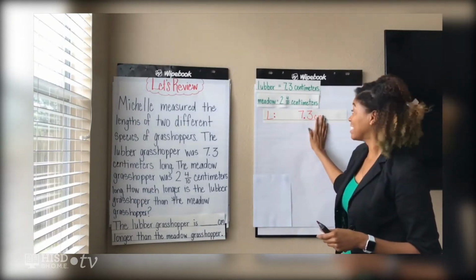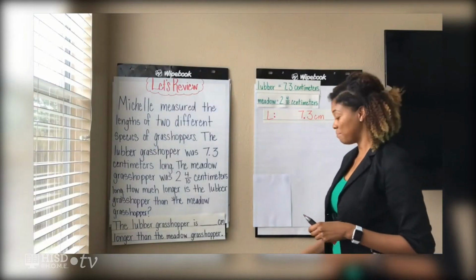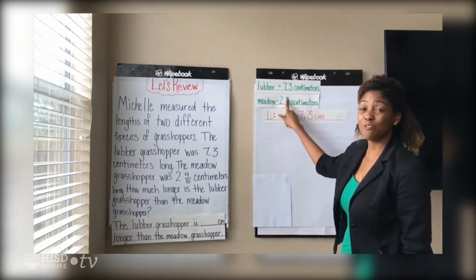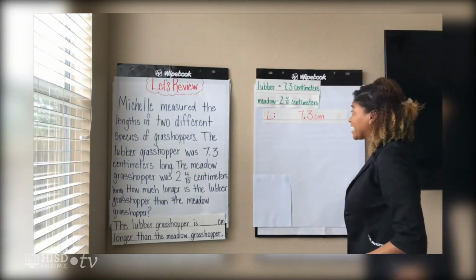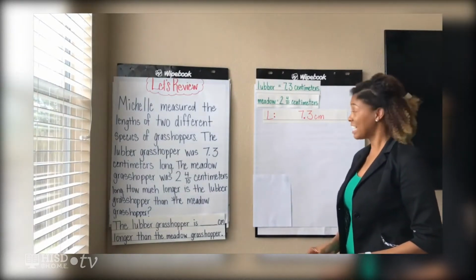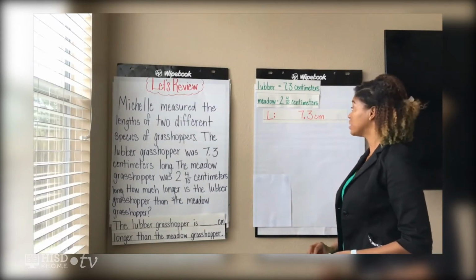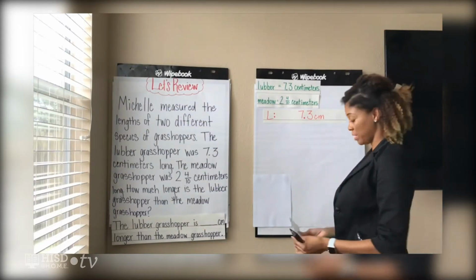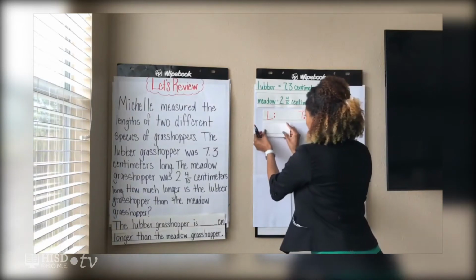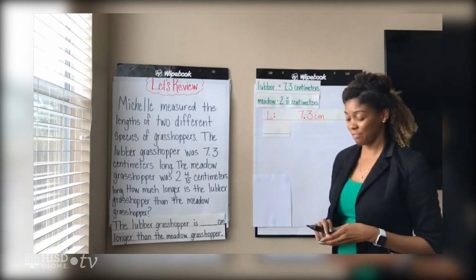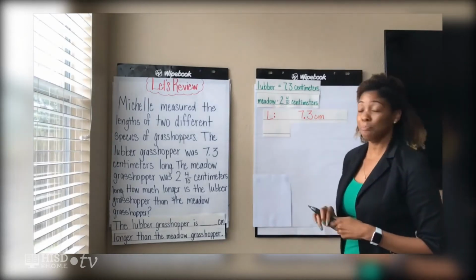Now let's talk about the next one. Let's talk about our meadow. Our meadow is 2 4/10. So it's not quite 7. It's not even close to 7. It's really small compared to that one. So I'm going to have a smaller piece, a little bit less than half, to represent my meadow.